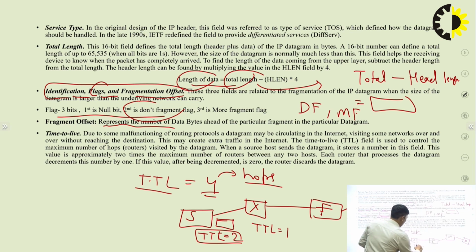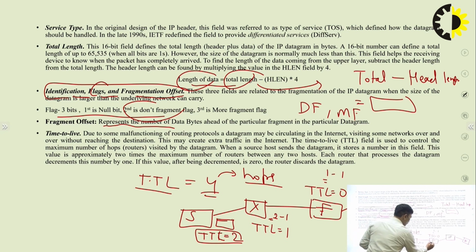So again, suppose this is transmitted toward the destination, at this particular router the TTL value will be 0. Here 2 minus 1 will be 1, and here 1 minus 1 will be 0.